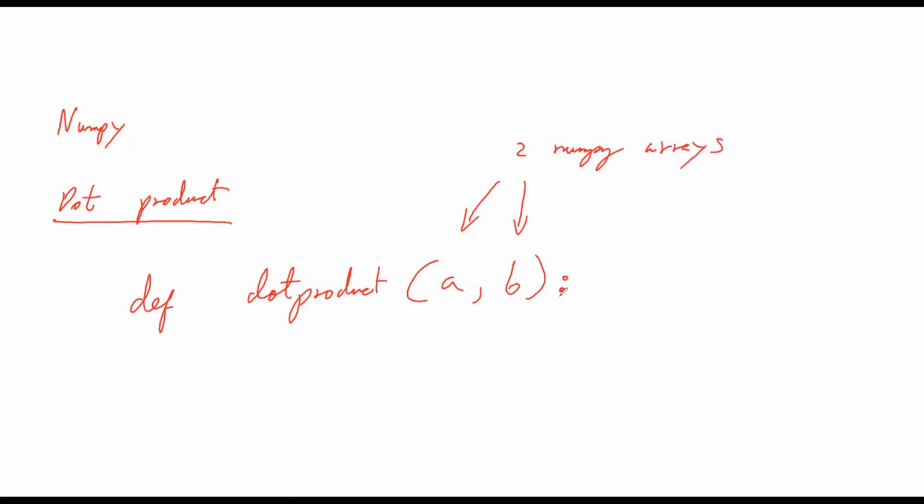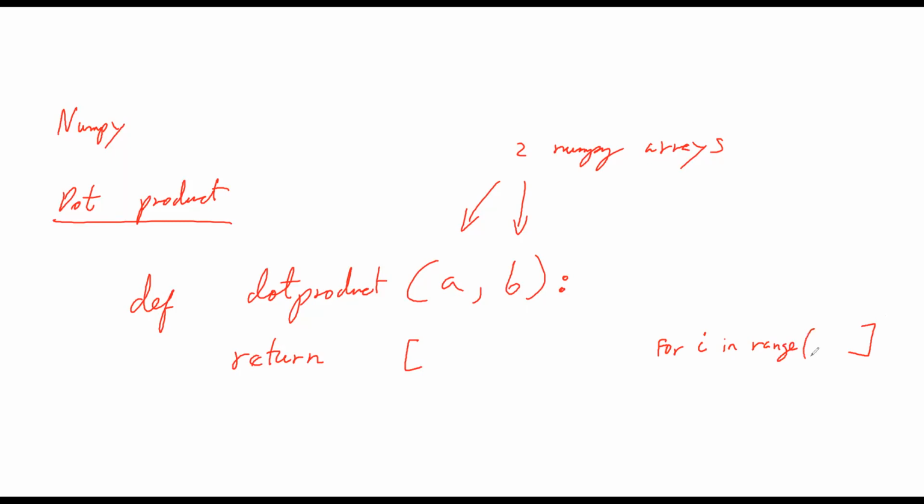And then you have return. And then now notice that we're going to use a list comprehension basically, right? So what do we need? We have the vectors, so we just need a for loop. So for i in range.